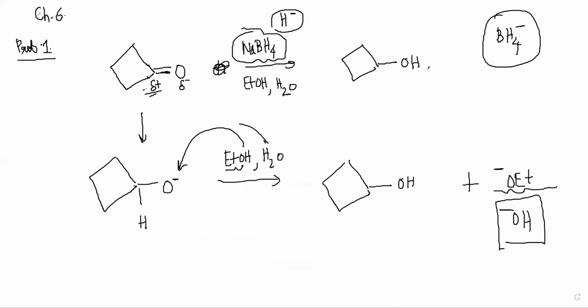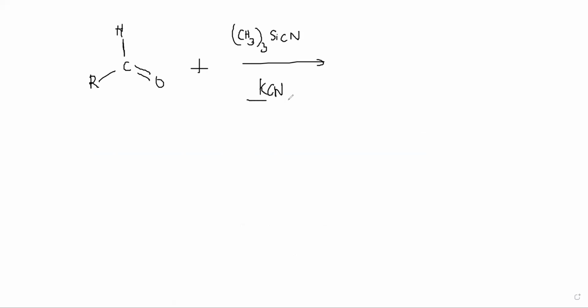So the basic compound here was RCHO, RCH double bond O, plus you have some (CH3)3SiCN and KCN, right?